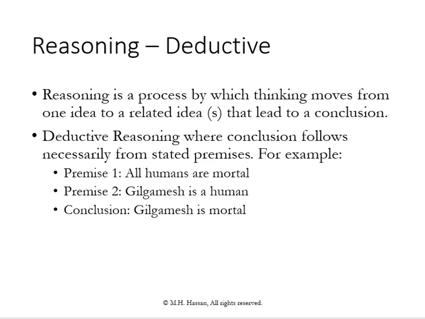Reasoning is a process by which thinking moves from one idea to a related idea or ideas that lead to a conclusion. Deductive reasoning is where the conclusion follows necessarily from stated premises. For example, premise 1, all humans are mortal. Premise 2, Gilgamesh is a human. Conclusion: Gilgamesh is mortal.